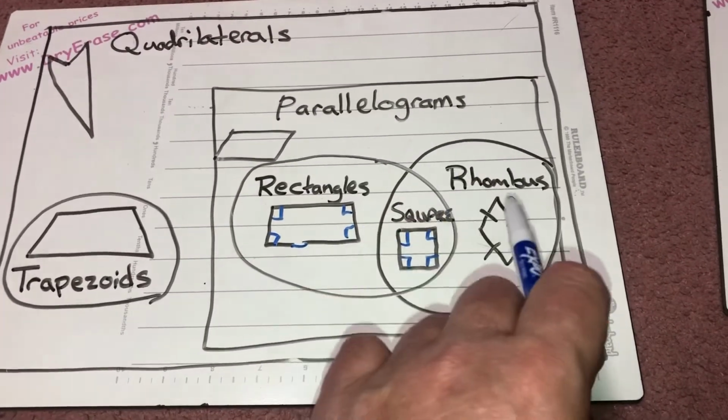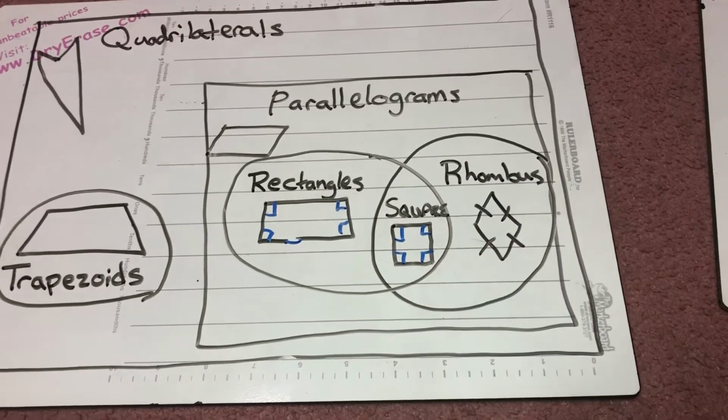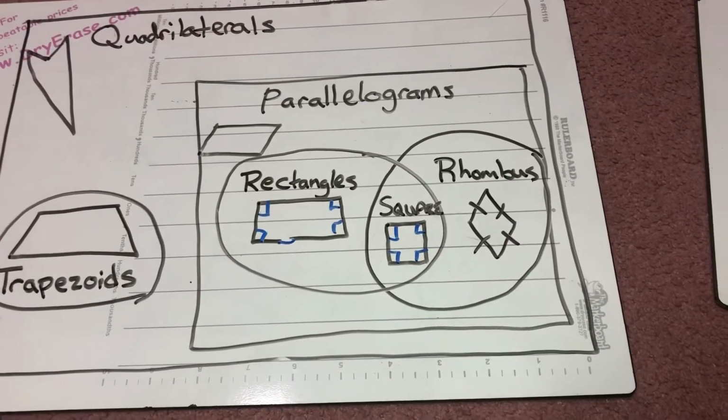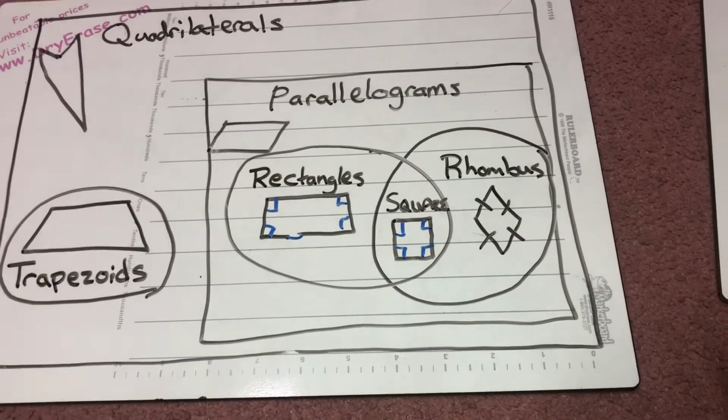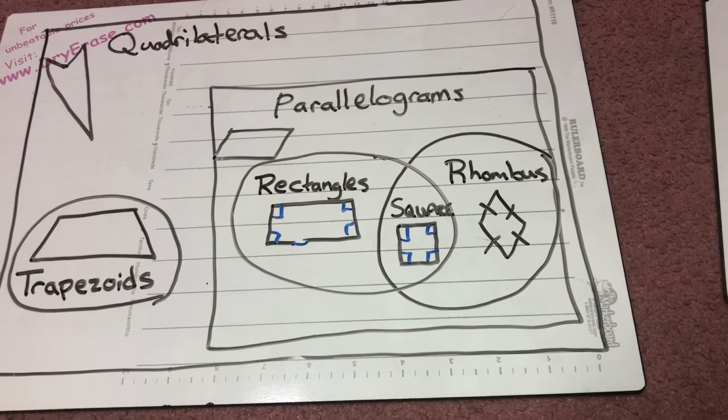Now, also within parallelograms, a larger group is rhombus. A rhombus has four congruent sides. A rhombus does not have to have four right angles, but it can. The only rule for a rhombus is that it has to have four congruent sides.